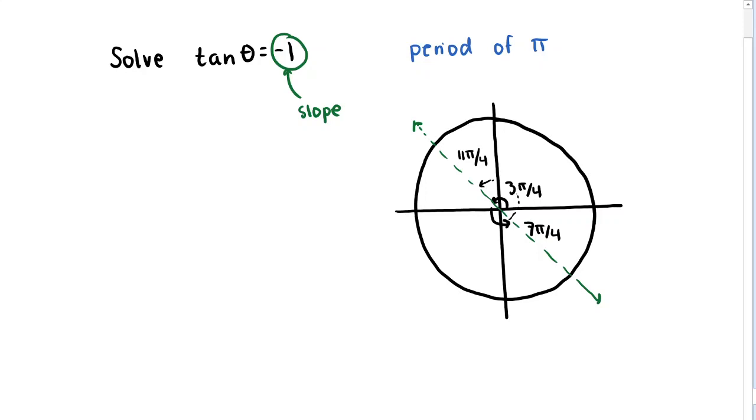And so here, what we're really looking at is that one example of a solution to this equation is theta equals 3 pi over 4. But because the period of tangent is just pi, really we get other solutions when we add on multiples of pi to this angle here. And then there aren't any other solutions to this equation.